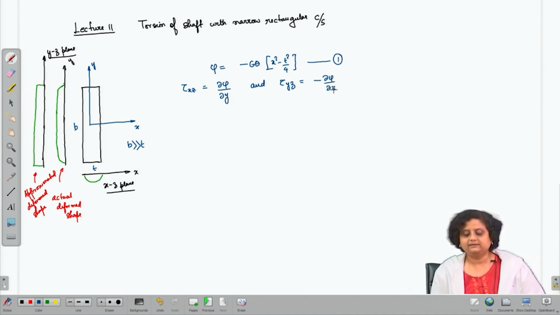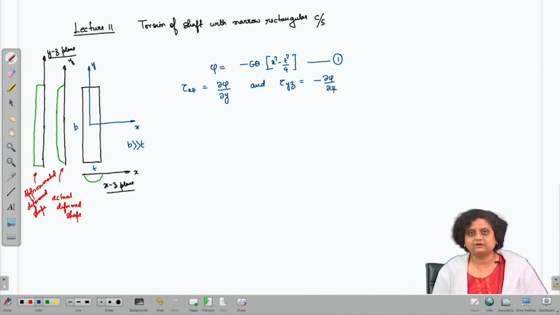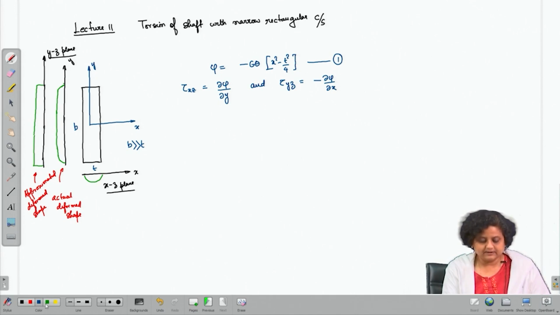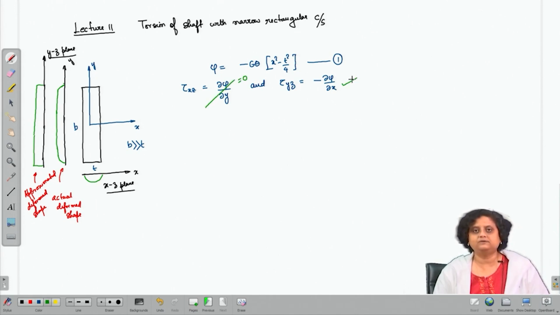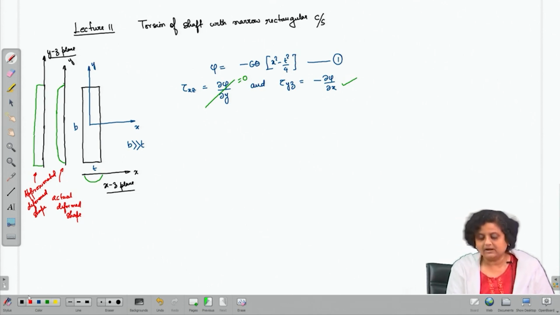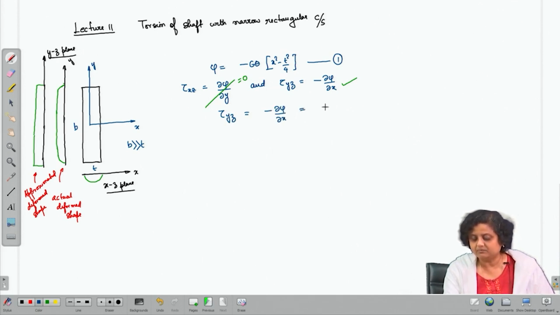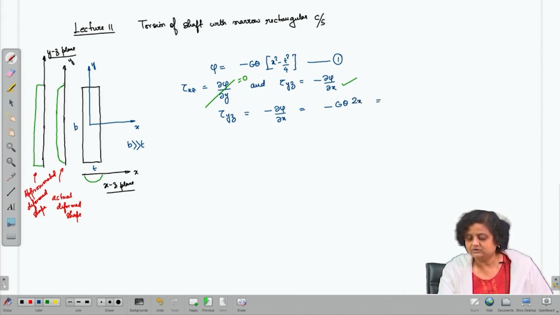Now, we know that the Prandtl stress function does not depend on y, therefore, this goes to 0 and we have only tau yz component. So, let us now find out what is tau yz. Tau yz is minus del phi by del x, which is given as minus G theta into 2x, which is minus 2 G theta x.